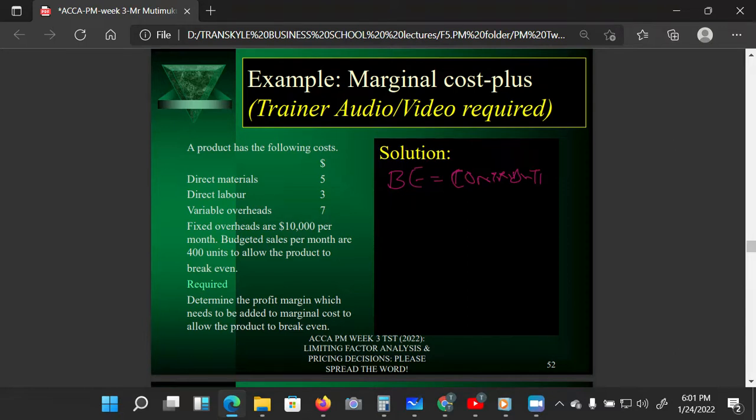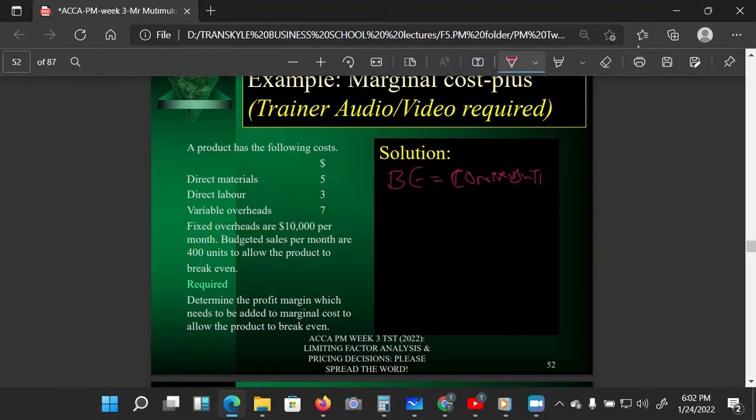For example, we have to pay rent, telephone bills, and water bills, even if we did not produce any product. So the proponents of marginal costing say that fixed costs are irrelevant.